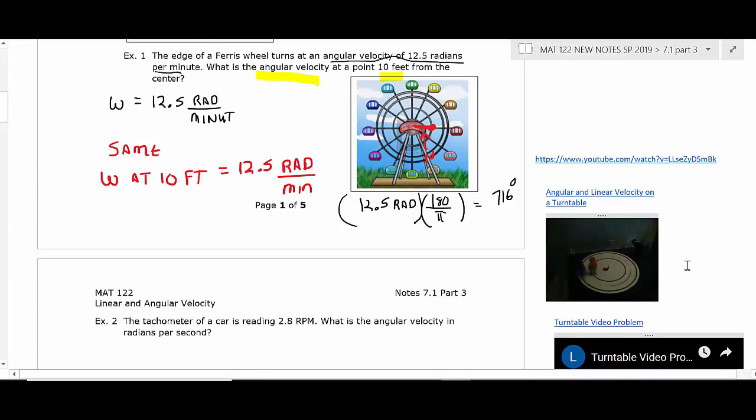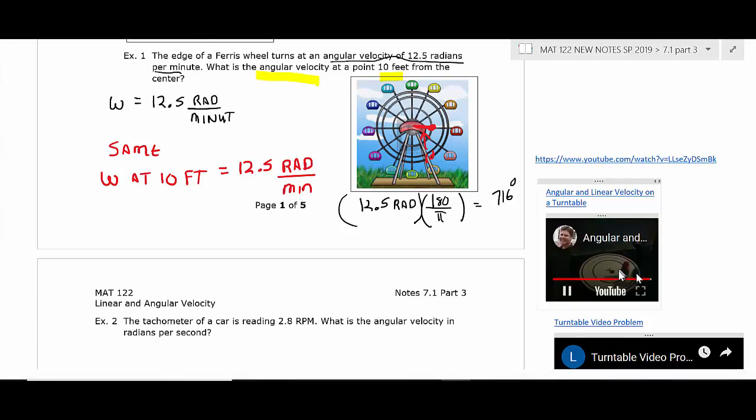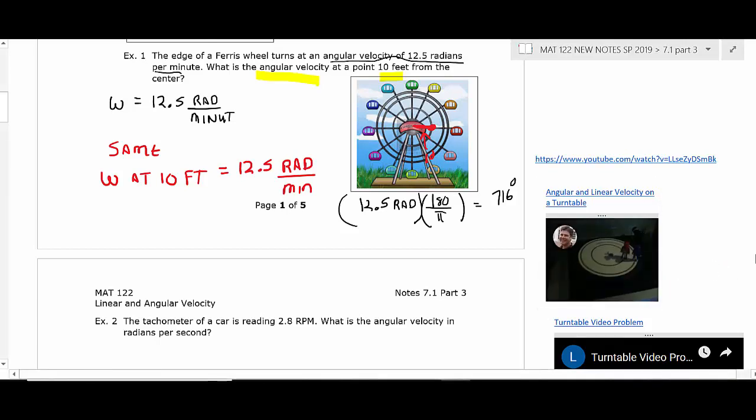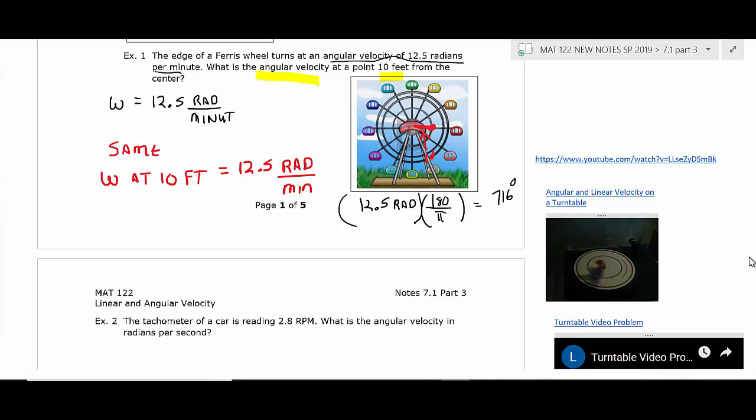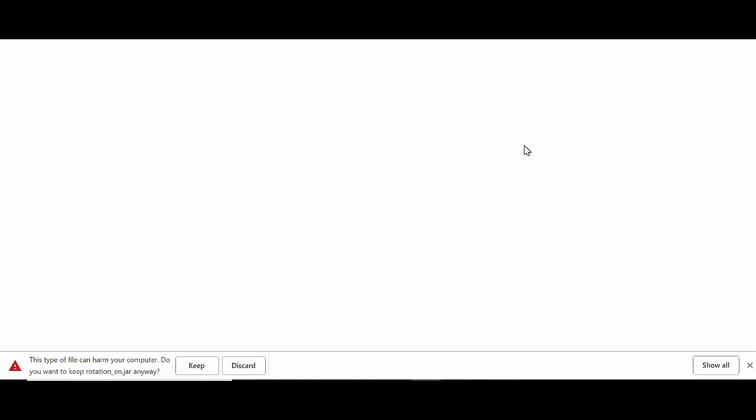There's two little models going around there, and they're rotating at the same rate. The red one is actually closer to the center of the circle than the blue one is, but they're still making the same number of laps in a unit of time. So they're sweeping through the same angle in a unit of time. Okay? So hopefully that helps you a little bit.